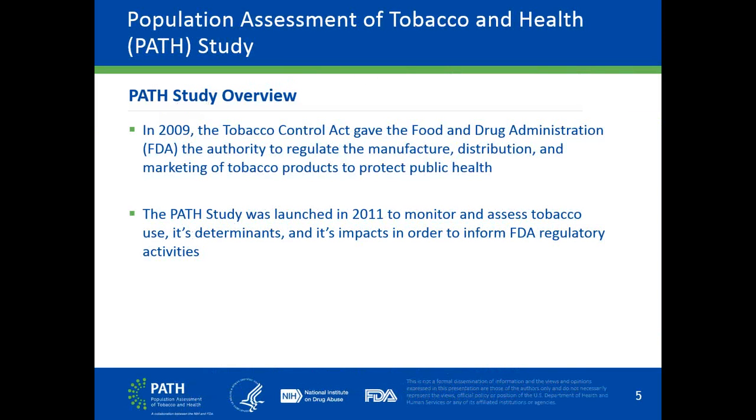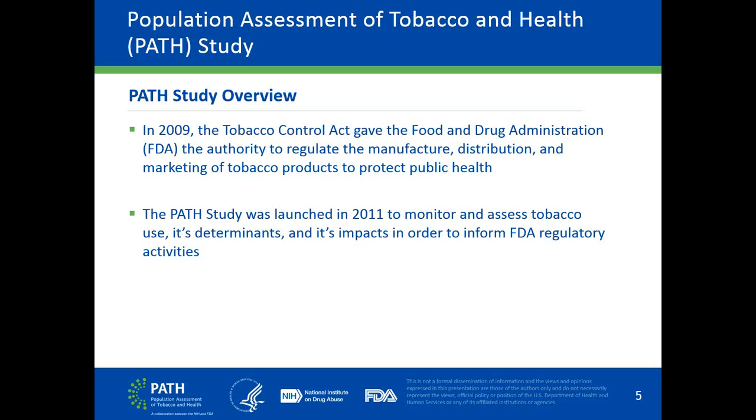The PATH study, really a little background on that. In 2009, the Center for Tobacco Products was created within the FDA with a law that set up the Family Smoking Prevention Tobacco Control Act. With resources that were appropriated from that law, they were allocated for the PATH study.